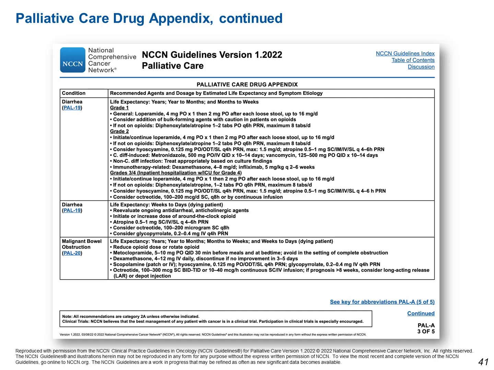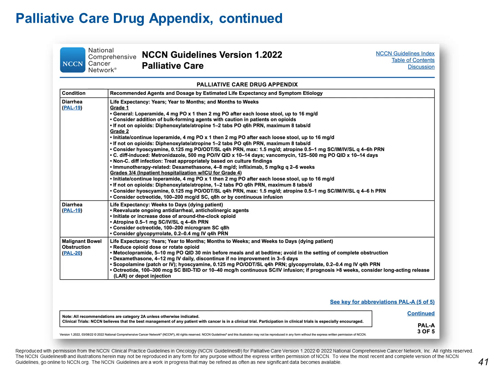In a dying patient, diarrhea can be reevaluated by ongoing antidiarrheal anticholinergic agents, increased dose of around-the-clock opioid. Consider atropine, octreotide, or glycopyrrolate. Glycopyrrolate can be given 0.2 to 0.4 milligrams IV Q4 hours.